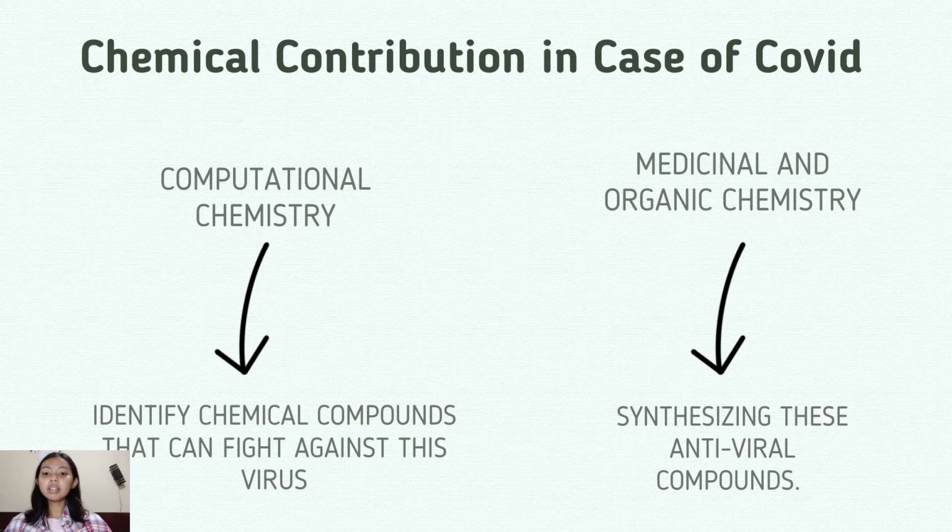Preparation and mechanisms of action of chemical precautions in destroying the virus are discussed by combining chemical and biological principles. Computational chemistry has modeled COVID-19 proteins to identify chemical compounds that can fight this virus, whereas medicinal and organic chemistry contribute by synthesizing these antiviral compounds.